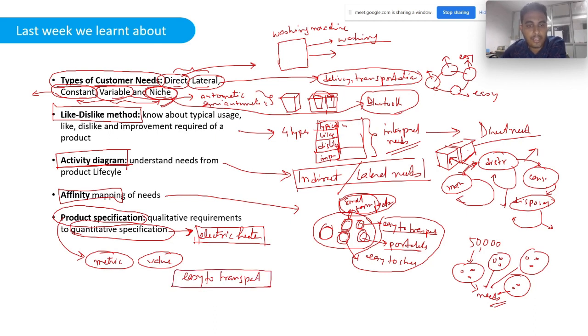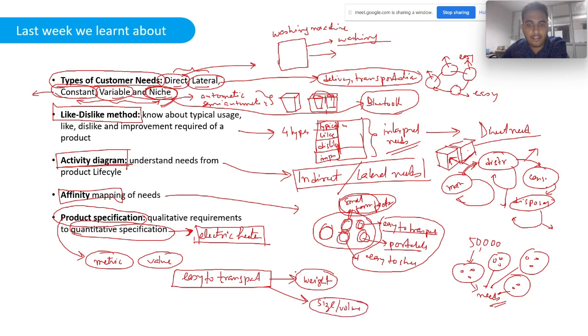There's nothing we can design about. However, when we convert it into a product specification, we need a metric. Easy to transport can be weight, or it can be size or volume.